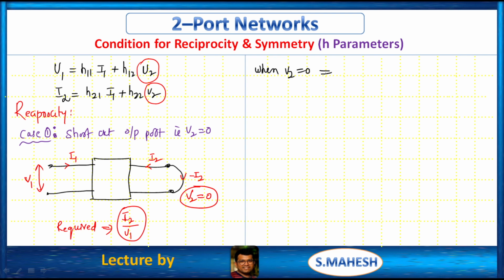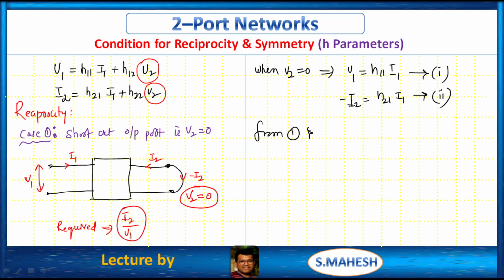When V2 = 0, from the equation V1 = H11 I1, like that. I2 is what? Minus I2, because see the current direction, minus I2 = H21 I1. But we need I2 by V1, so let us say this is 1, this is 2.